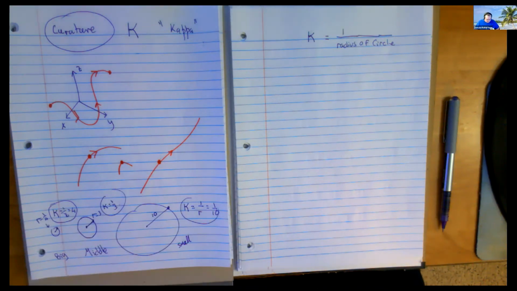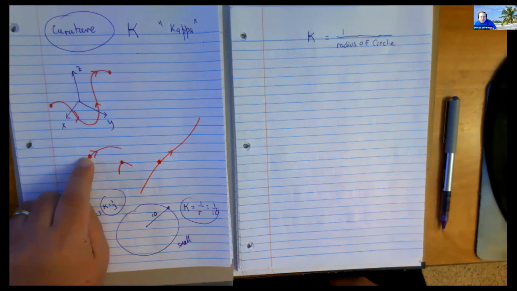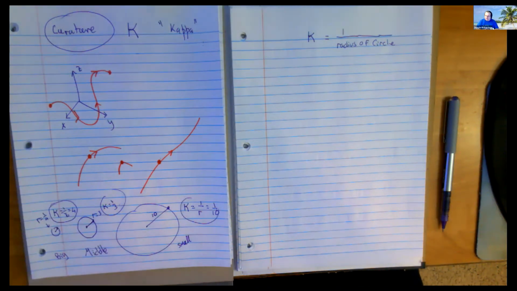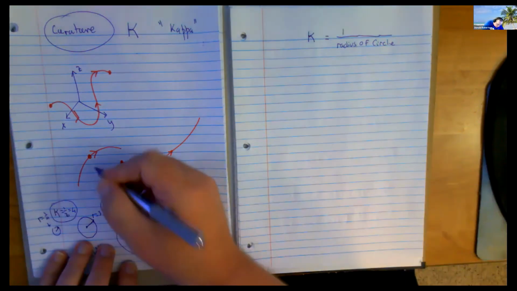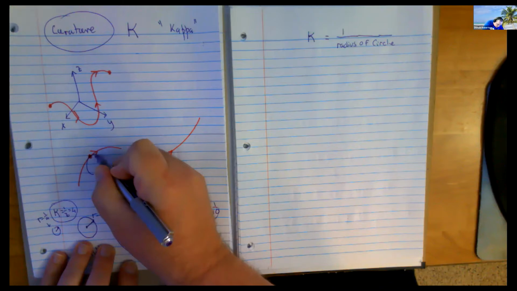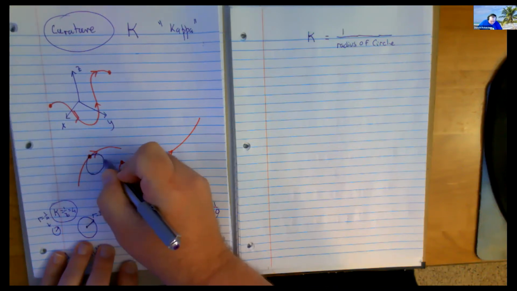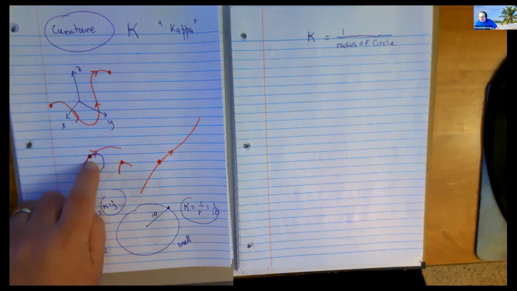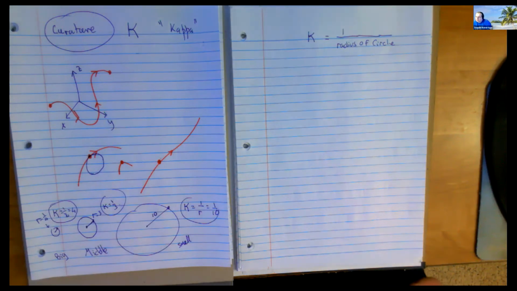Well, suppose I was interested in the curvature at this point here. Can you imagine that I could get an infinite number of circles, but I could match one circle so that at that point there was the same curvature as my space curve?